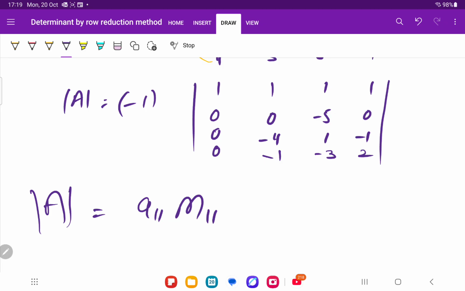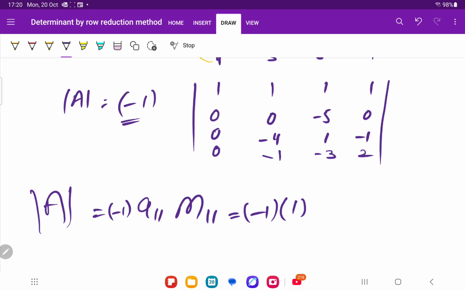The minus will remain outside. So you are picking A11 along with M11. What is A11? It is 1, the leading element. The position is A11, and M11 is the minor.